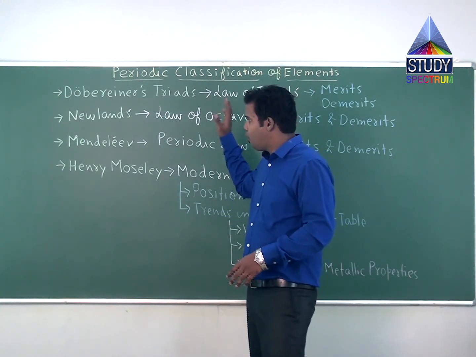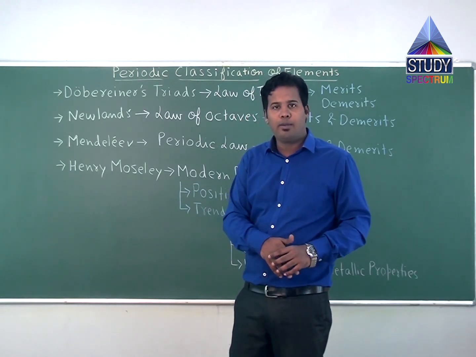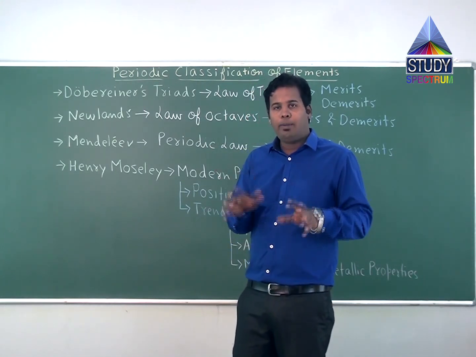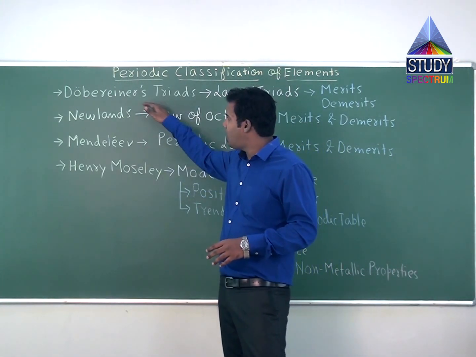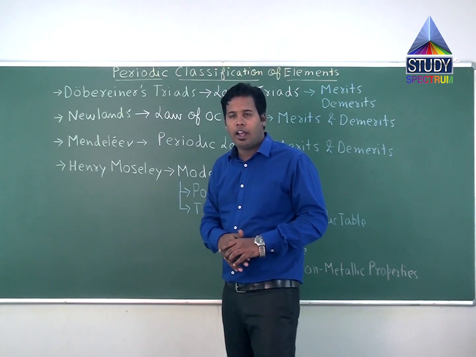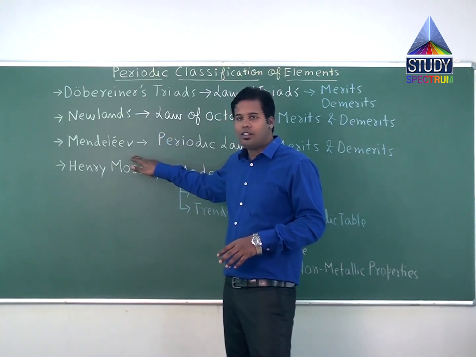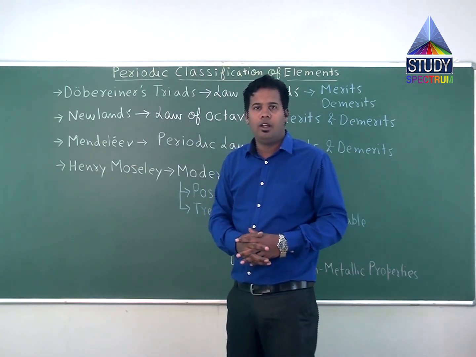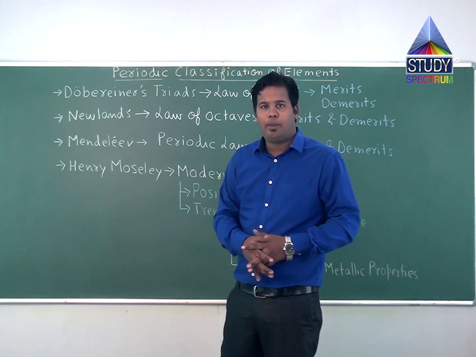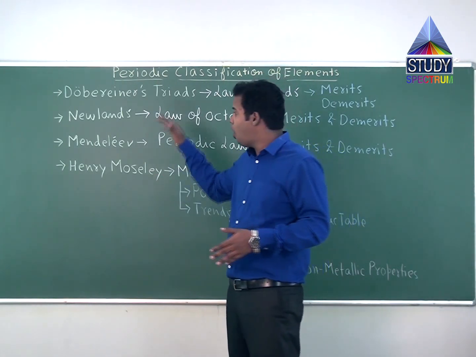Correct? Now, before we move in this chapter and study the attempts of these scientists, let me tell you one thing. The first 3 recognized scientists, the German scientist Johann Wolfgang Dobereiner, the British scientist Newland, and the Russian scientist Dmitry Mendeleev, all attempted to make a periodic table to classify elements as they were being discovered, but they all failed.